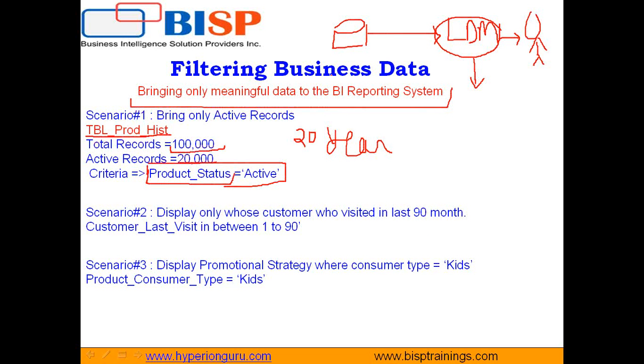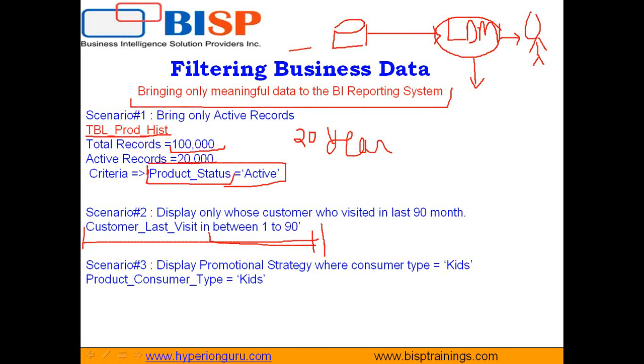So one of the requirements I receive from my client: the client says, though the customer dimension is pretty huge, they like to see only those customers who have visited my store in the last 90 days. They like to evaluate how frequently customers are visiting my shop, or they like to filter out the information so that they can do some real-time analytics on a recent data set.